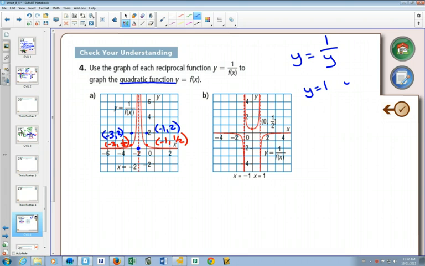Can you see that -1 also works? In math, we have a word for this when you have a point on one graph and you do something to it and it doesn't change. We call it an invariant point.